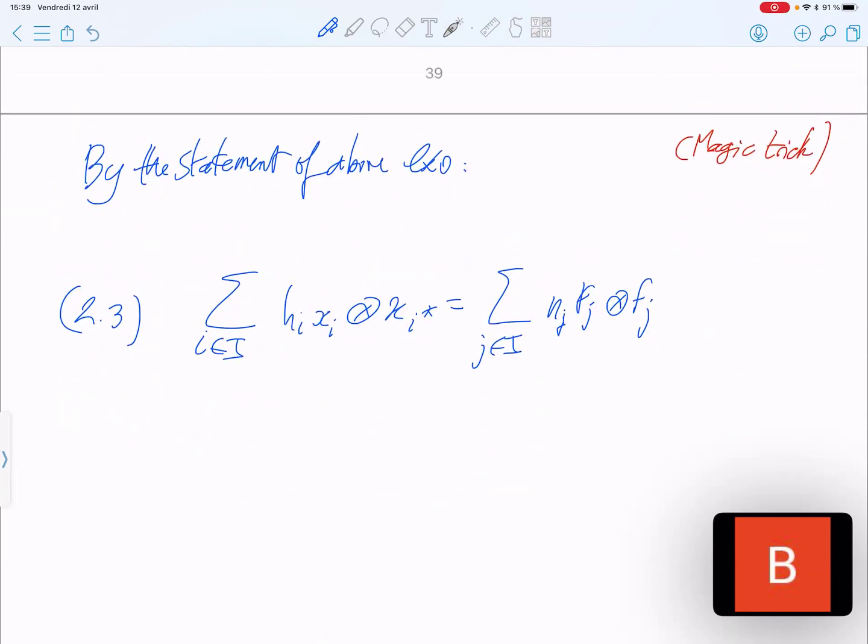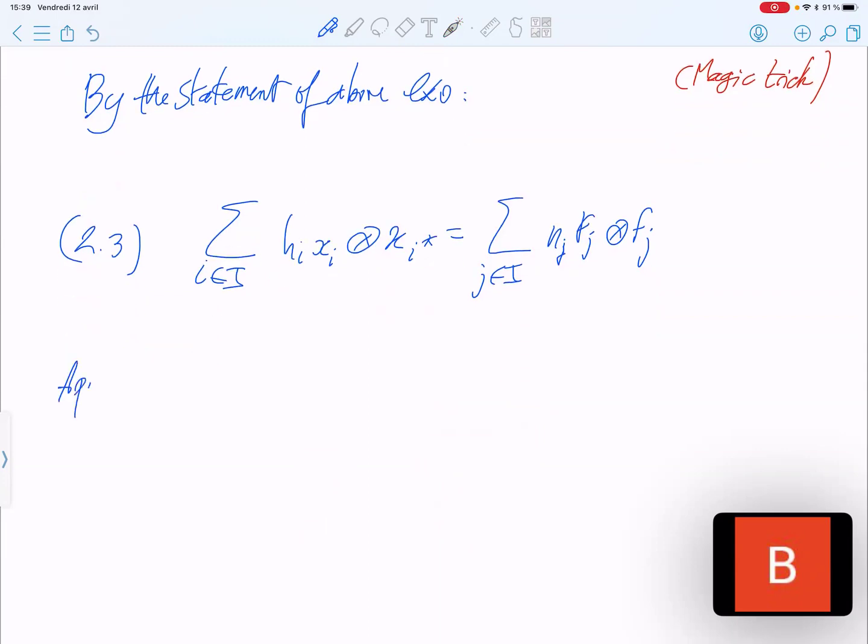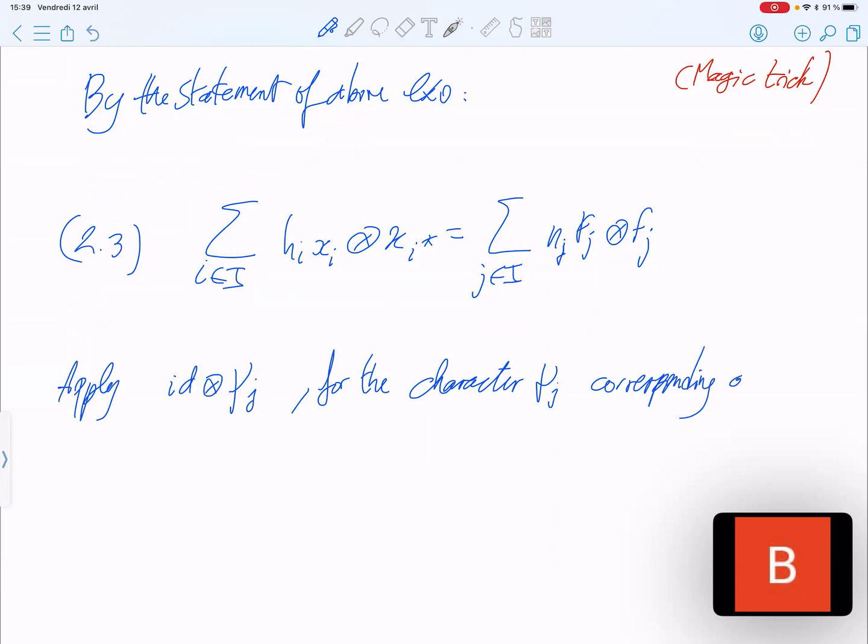Now we want to reduce that. We want to go to H. Here we are not in H, here we are in H tensor H. We want to go to H. So we will apply some map: identity tensor mu_j, for the character mu_j corresponding to f_j.